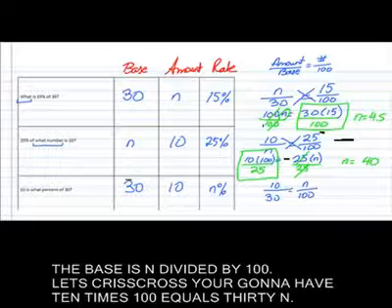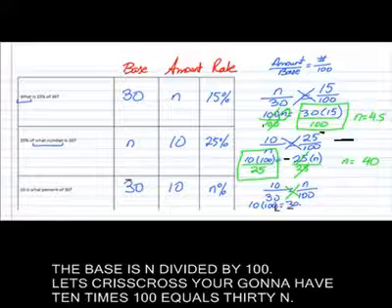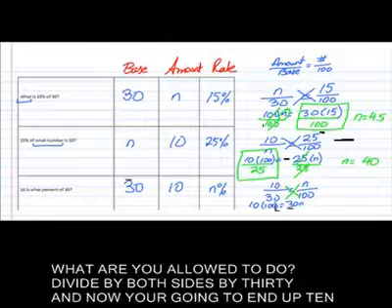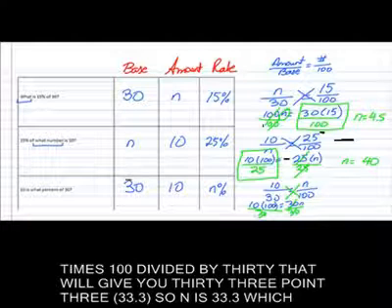Let's crisscross. You're going to have 10 times 100 equals 30n. What are you allowed to do? Divide both sides by 30, and then you're going to end up with 10 times 100 divided by 30.